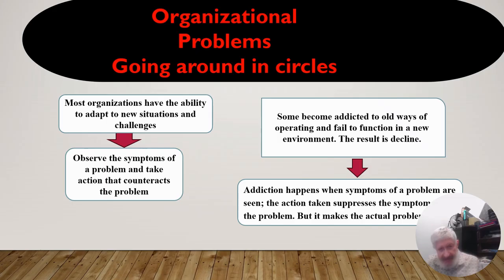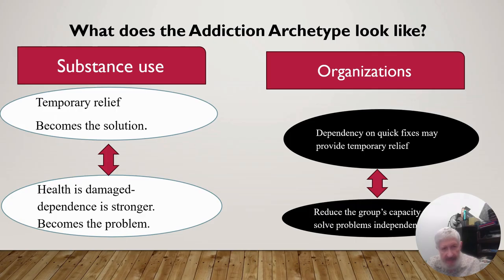So this can apply to substances like alcohol and drugs, behaviors, or even relationships. So I want to really look at what this looks like so it can be identified. So what does the addiction archetype look like?